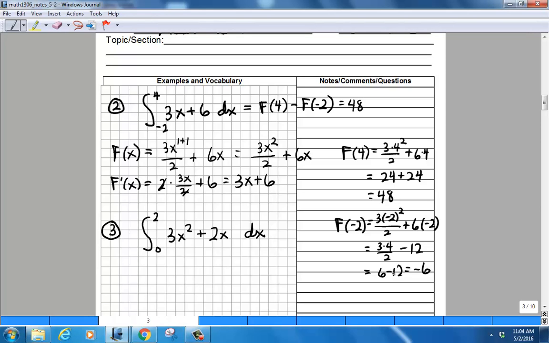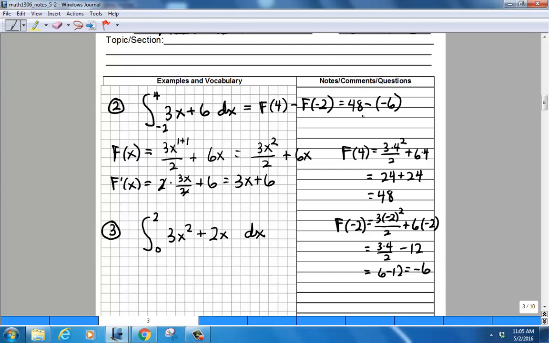Capital F of 4 is 48. Capital F of minus 2 is minus 6. Remember, here you're subtracting, though. So you're going to get 48 minus a minus 6. So watch out for that. This minus is part of the theorem. This second minus came about because capital F of minus 2 just turned out to be minus 6.